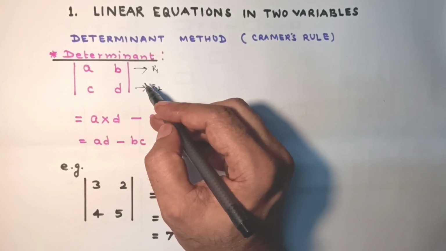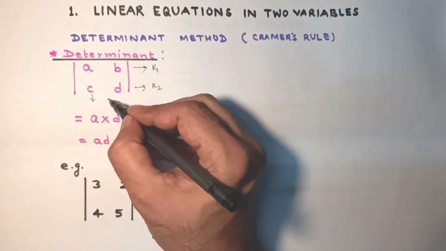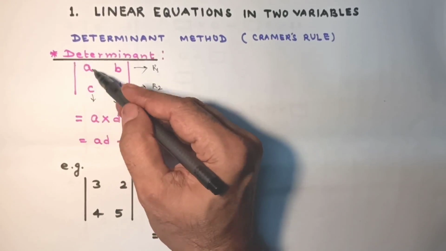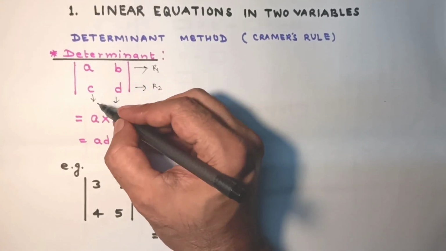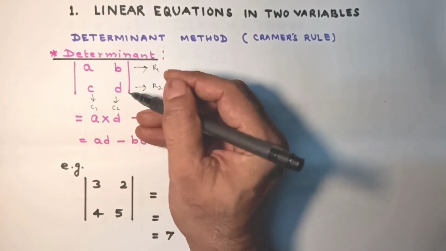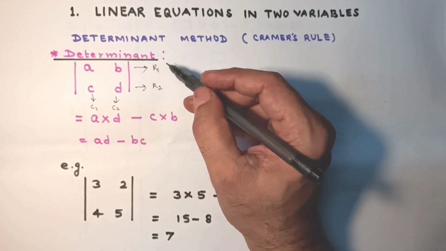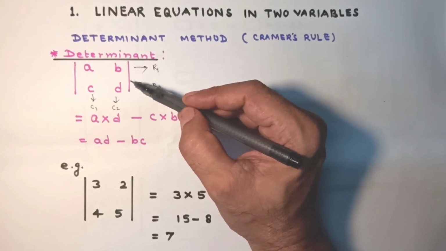Same way, the vertical arrangement of elements are called columns. So this and this, first vertical arrangement and second vertical arrangement, these are the columns. You can name the first column C1 and this as C2, whenever you want to give the place of the particular element.